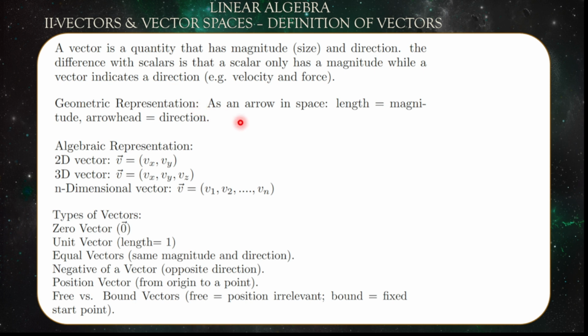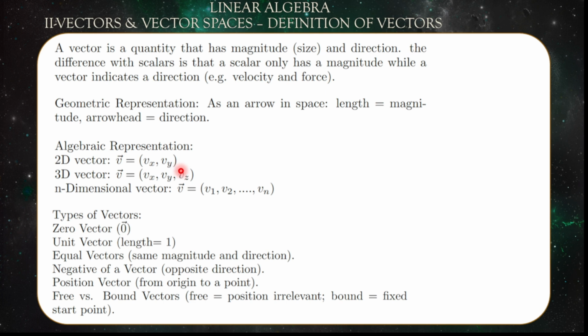Geometric representation as an arrow in space, we have the length of the arrow is equivalent to the magnitude on an axis system, and the arrowhead represents the direction. Algebraic representation, for 2D vectors, you have two coordinates. V has Vx and Vy, which are like x and y.